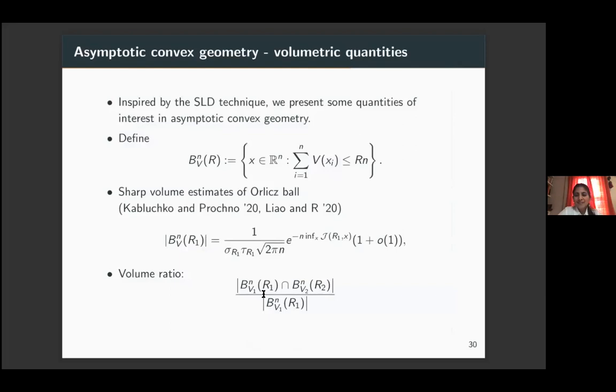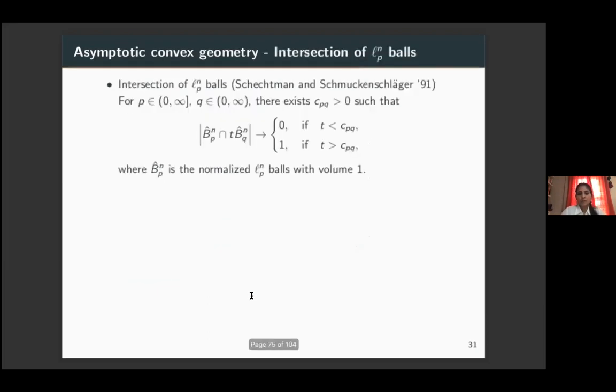So very recently, in a very nice paper, Kabluchko and Prochnow have looked at some sharp volume estimates of Orlicz balls. And they also looked at this volume ratio: take an Orlicz ball of radius R1 intersected with another Orlicz ball with another radius R2, and then look at the ratios. Okay, I'll tell you more about that.